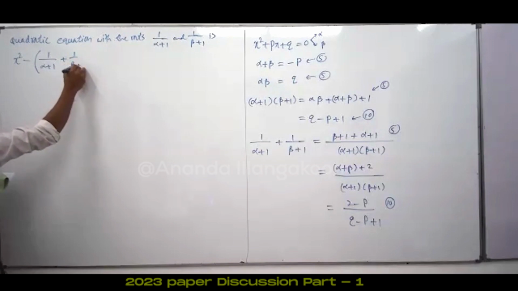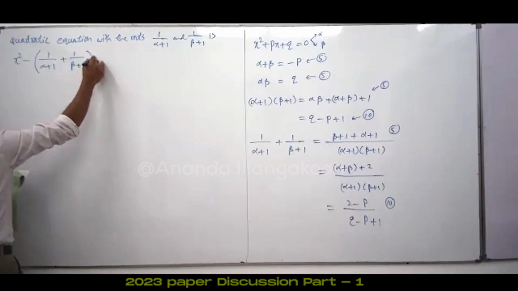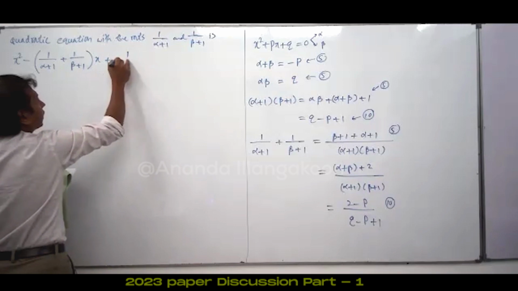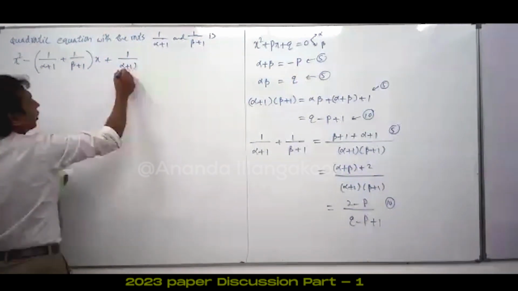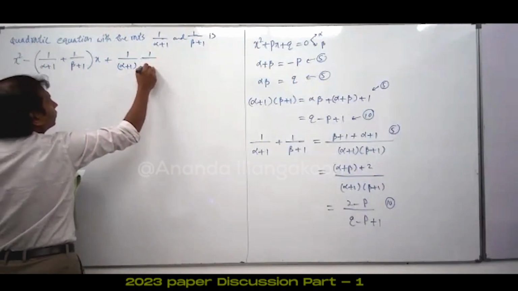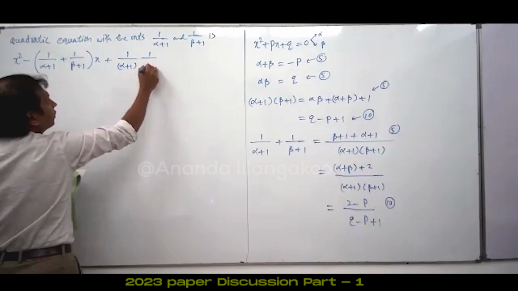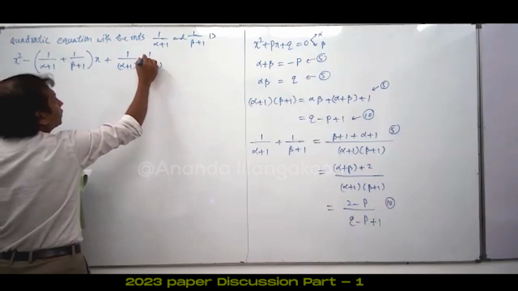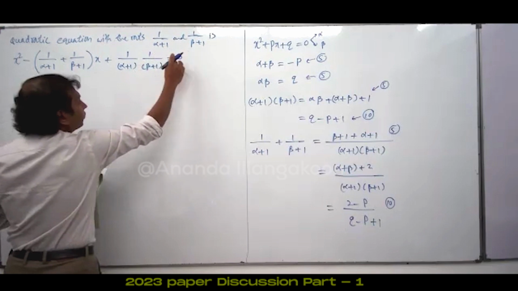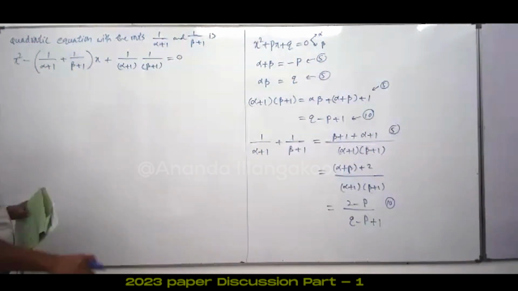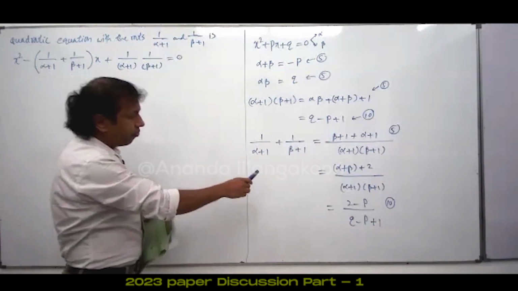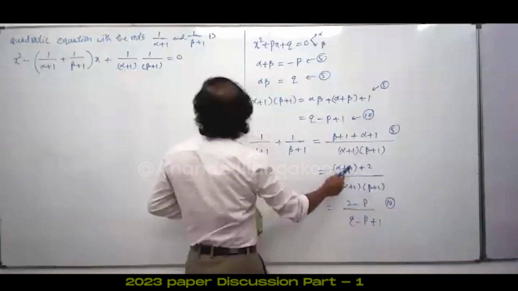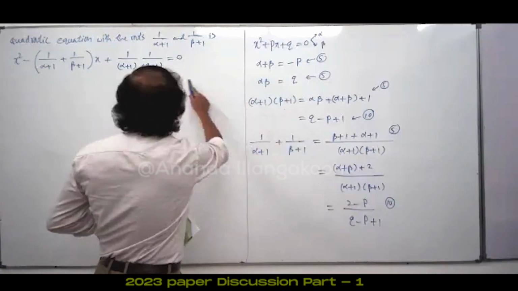This here, times x. Secondly, the product of the roots equals 0. The sum of the roots we have here, and this one we can write here.